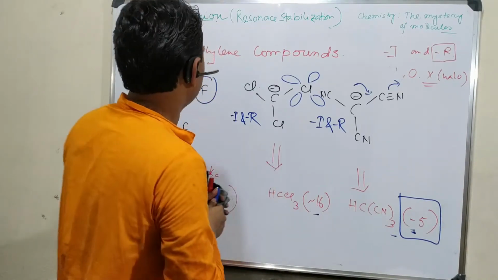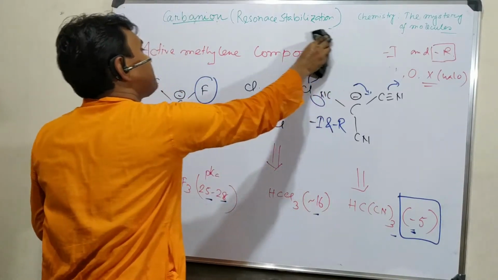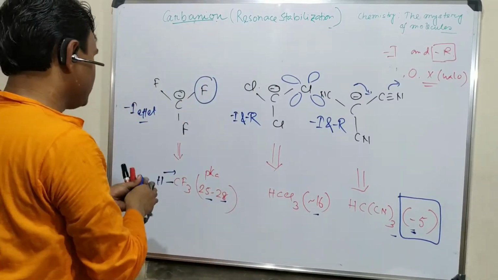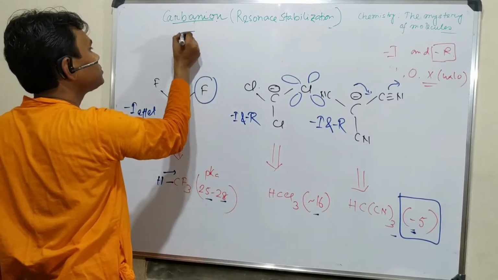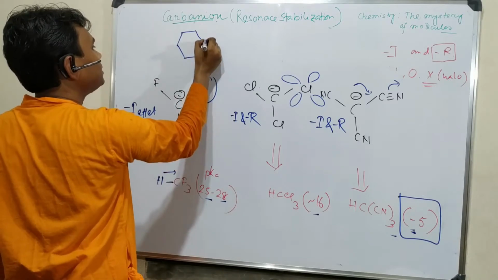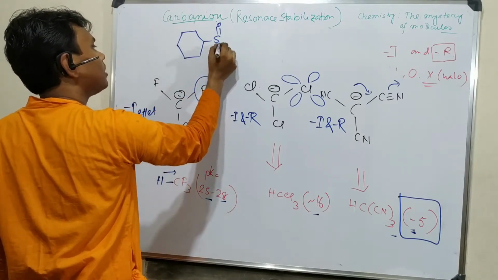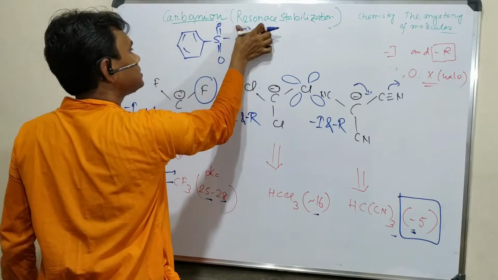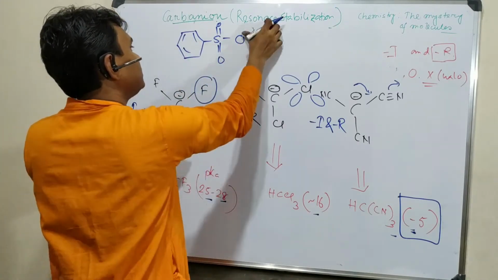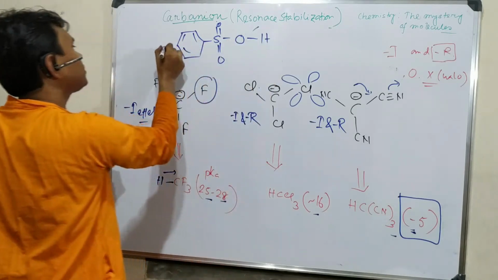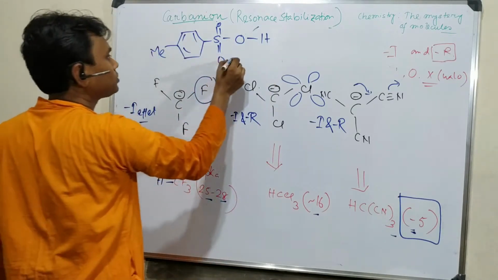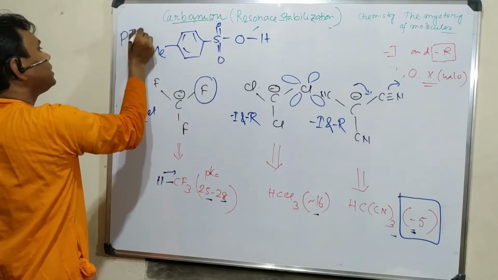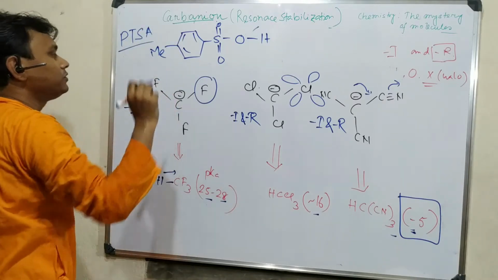Even if we consider paratoluene sulfonic acid, you have used a lot of this reagent. This is paratoluene sulfonic acid. If we write it properly, it looks like this. In short, it is also called PTSA. Why am I giving this example?